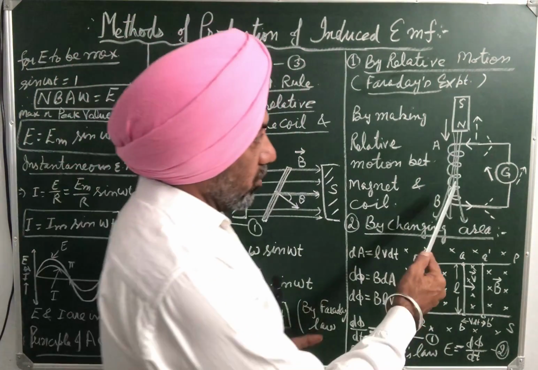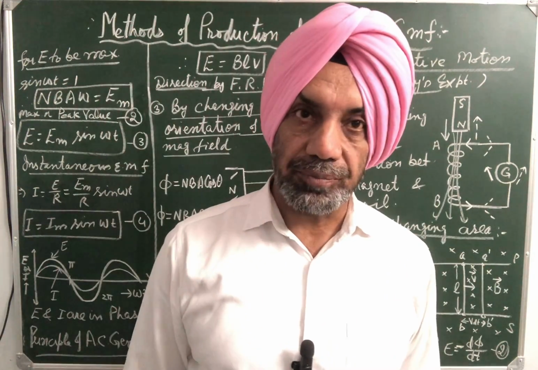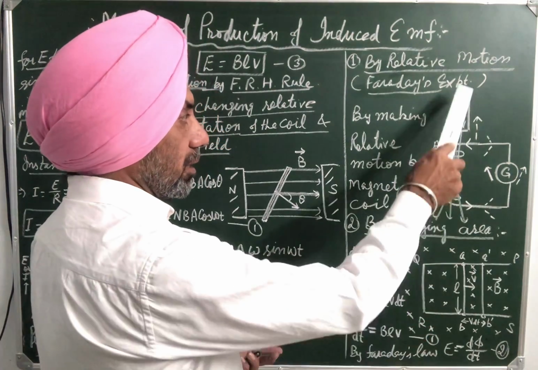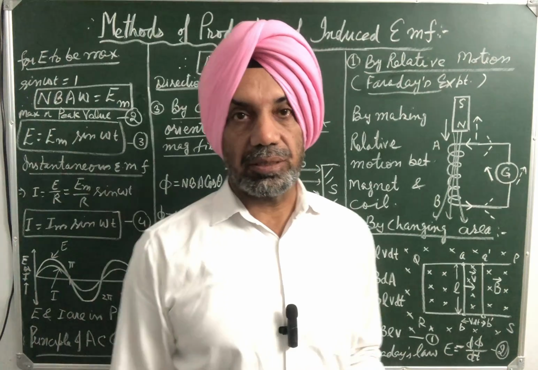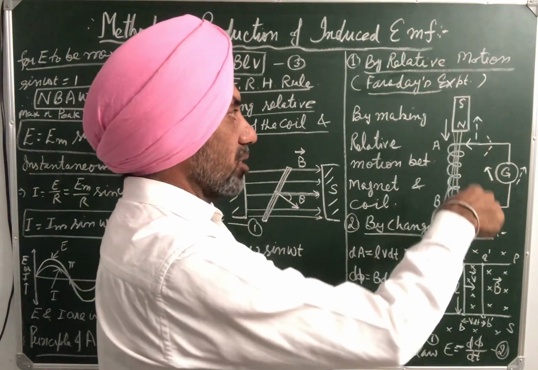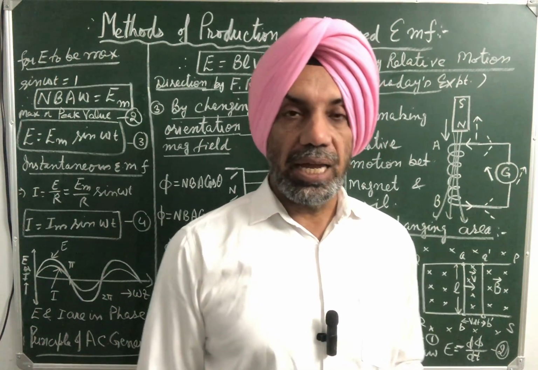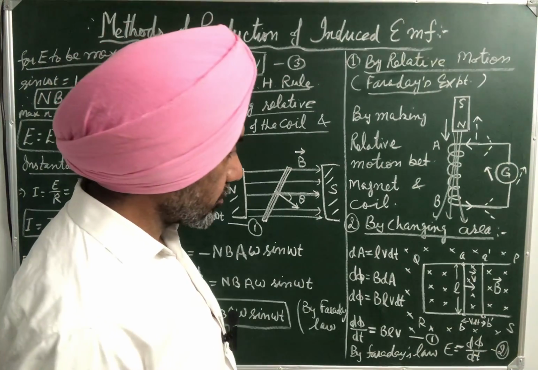Whenever there is relative motion, the galvanometer gives deflection, and hence induced EMF is produced and current is also produced. The cause of this induced EMF is change of flux. When we move the magnet towards or away from the coil, the number of magnetic lines of force threading the coil changes, and hence induced EMF is produced due to change in magnetic flux.